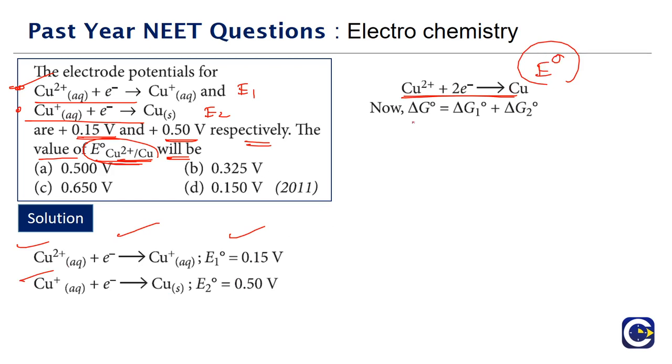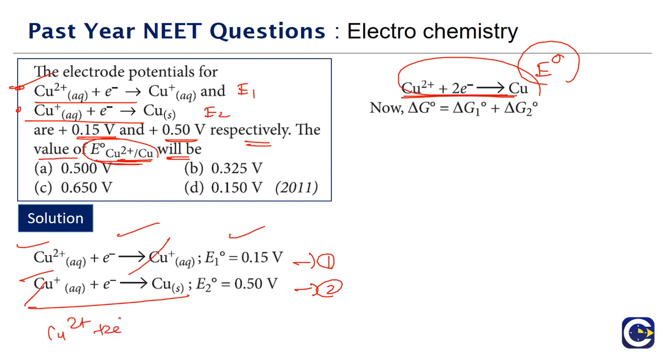If you look at this, this is nothing but, if you add equation 1 and equation 2, what are we going to see? Cu2+ plus 2 electrons gives rise to copper solid. This is the overall. Now straight away the E0 value for this reaction will not be equal to E1 naught plus E2 naught, because the cell EMF values cannot be added like that.